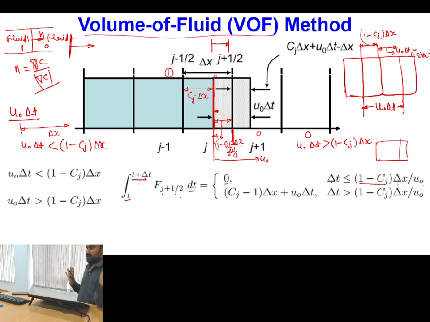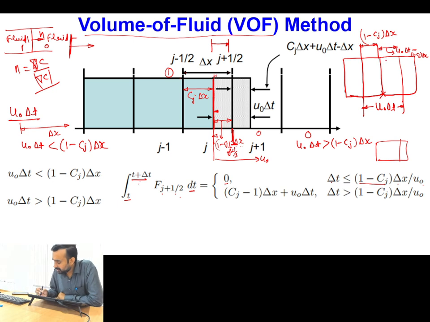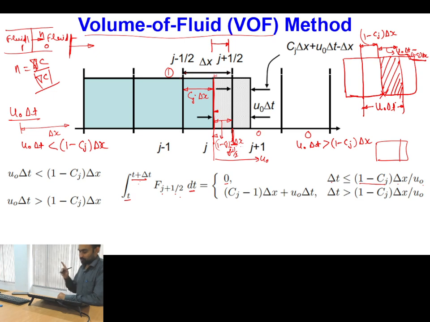Is this one clear? So you can see that in the initial portion, whenever your interface will be traveling, corresponding to this the flux should be 0, but flux should only come into picture when your interface has moved through this cell. So only in this portion your flux should come. That is the reason you can see over here, when delta t is greater than 1 minus cj delta x by u naught, the value of flux is given as u naught into delta t. What is u naught into delta t?